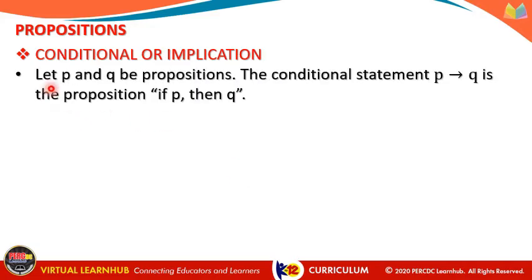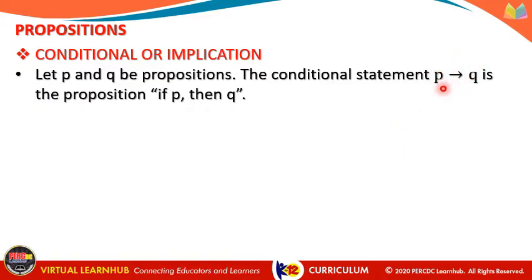Next, we have the conditional, or in other materials, it's called implication. So let's say you have the propositions P and Q. The conditional statement, if P then Q, is the proposition if P then Q. So again, this is the symbol used for conditional propositions.